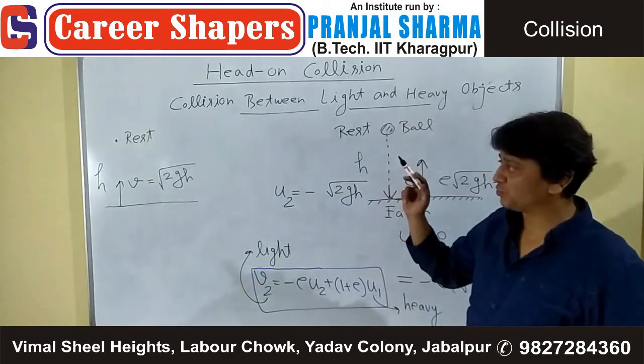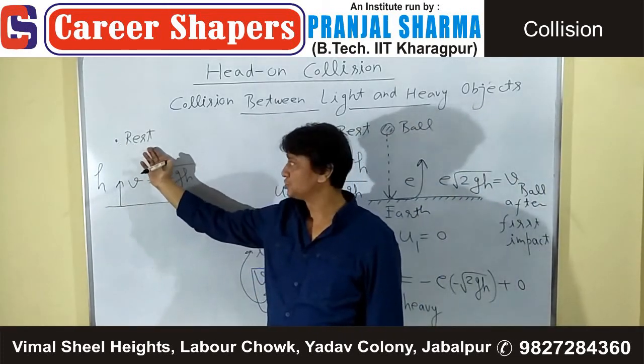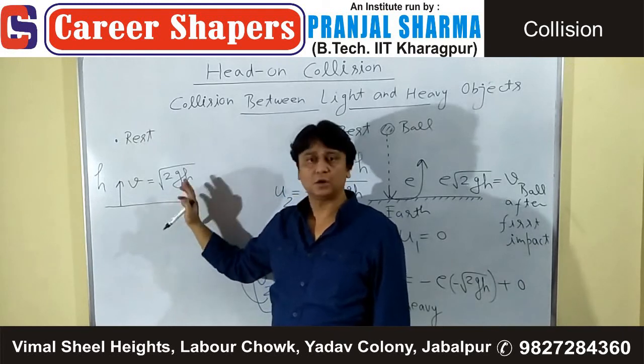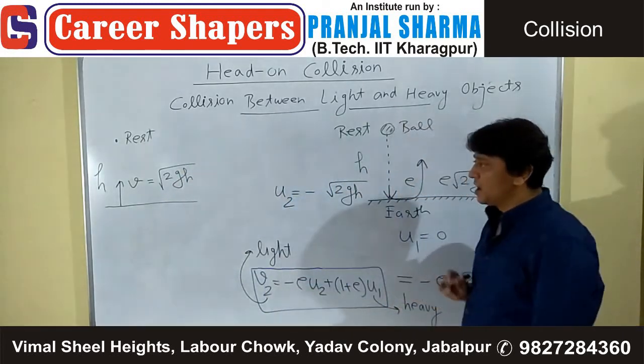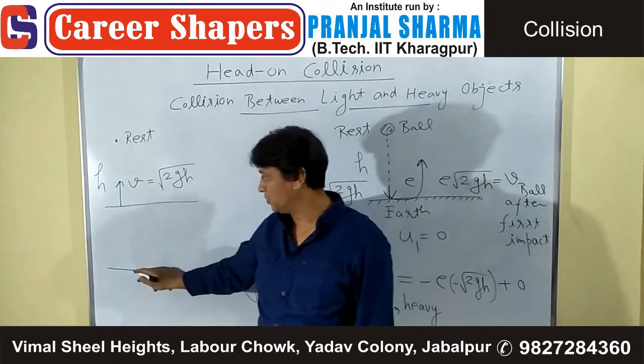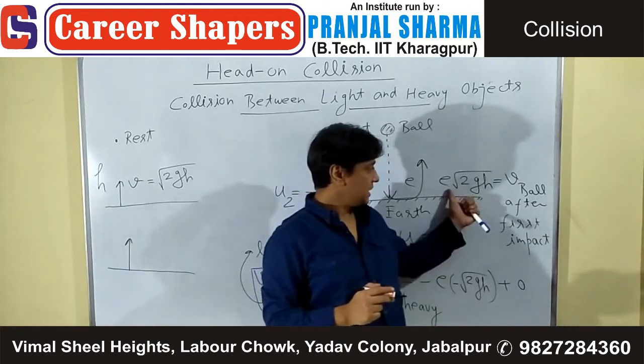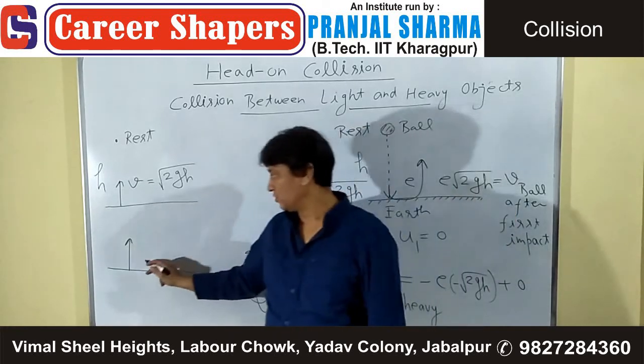If you throw an object with v and it goes to height h and ultimately comes to rest, then v is root over 2gh. In our case, the ball is going upward with what velocity? e times root 2gh.